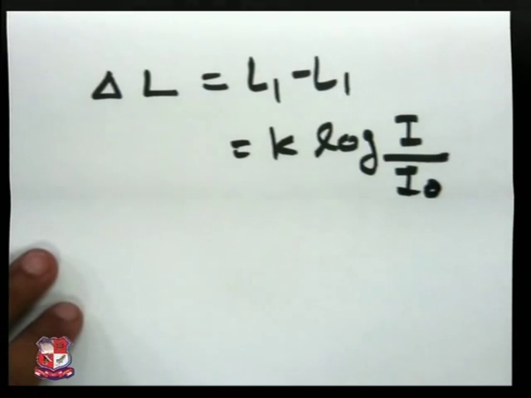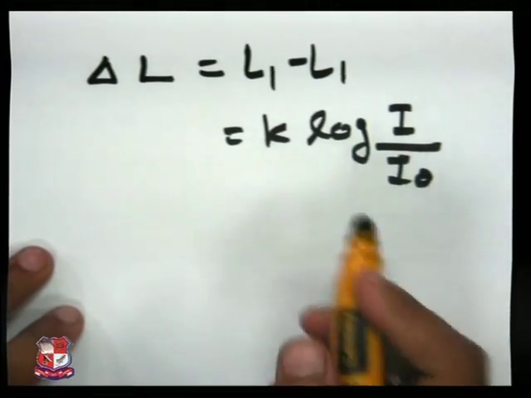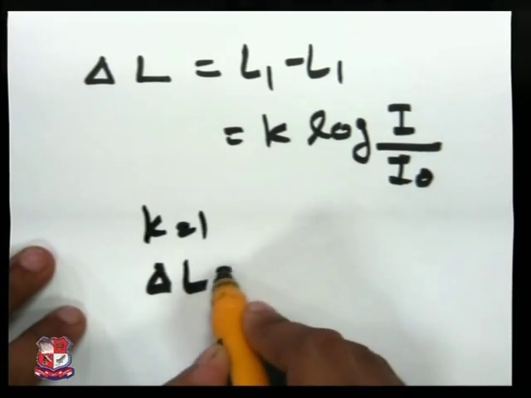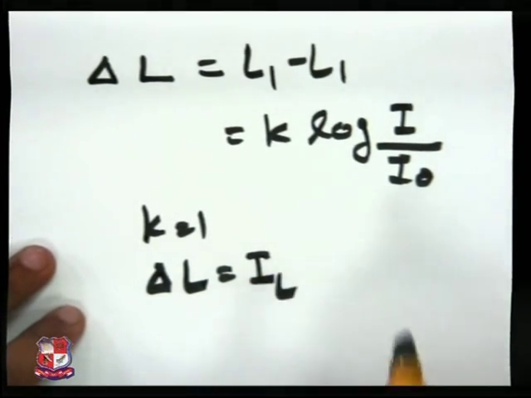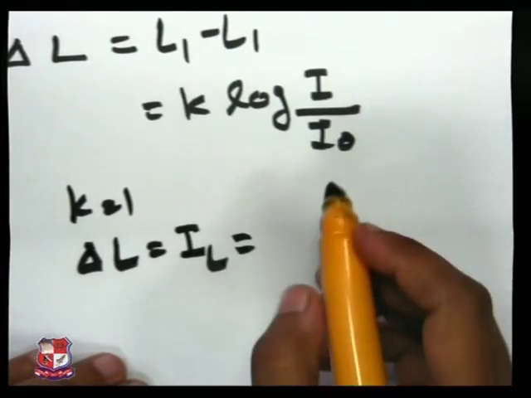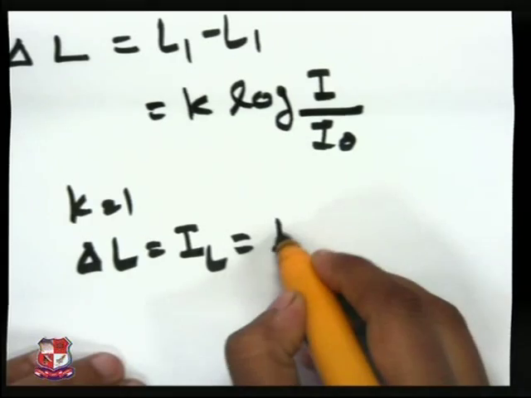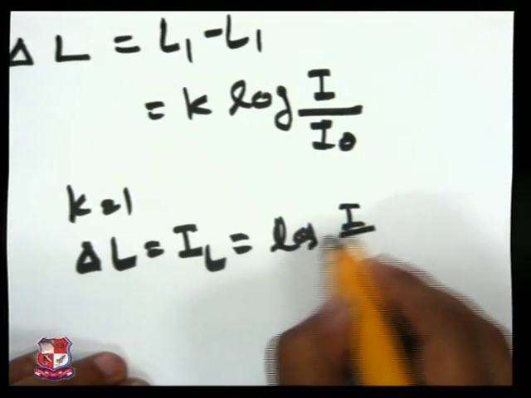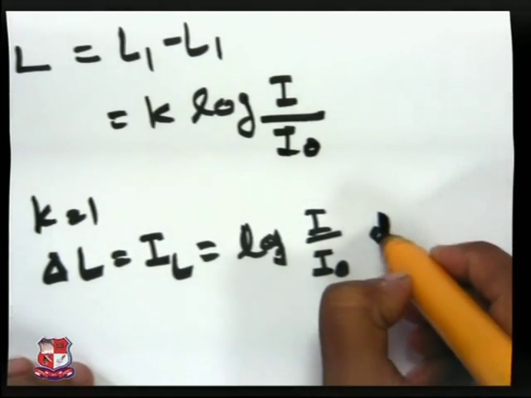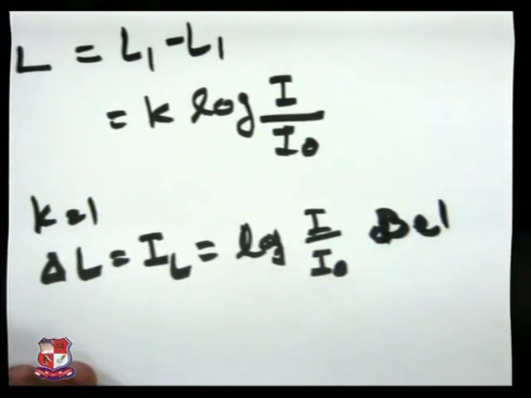And this K log I upon I0, when I take K equal to 1, delta L, or the loudness level, or IL, different books have different symbols, IL will be equal to log of I upon I0, right? This is called 1 bel of loudness.